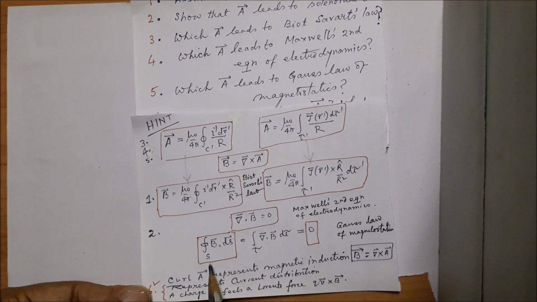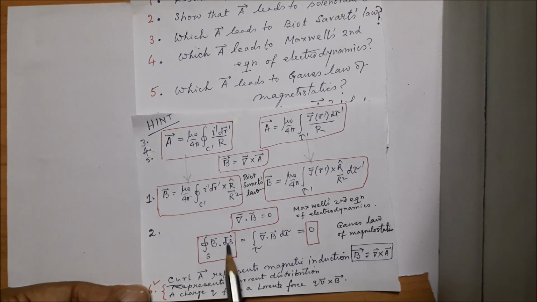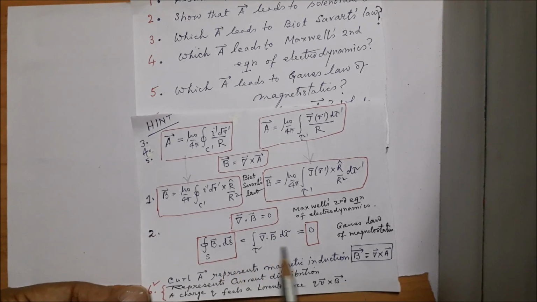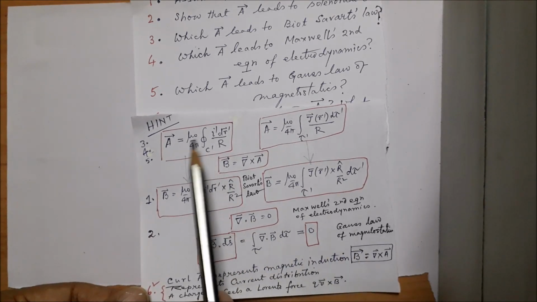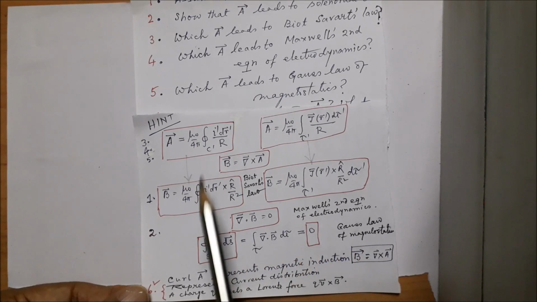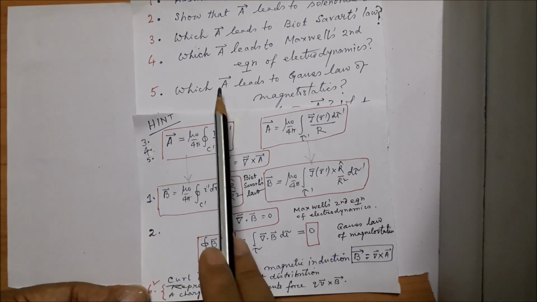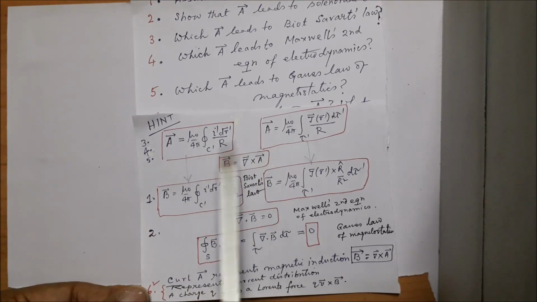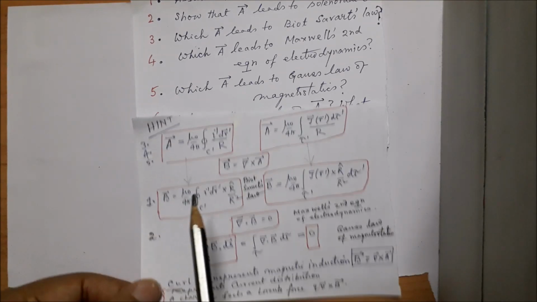Now if we consider the closed surface integral of B, and use Gauss divergence theorem, then we have divergence B getting into the integrand, and this divergence B is 0, so this is 0, and this is Gauss law of magnetostatics. So this A leads to Gauss law of magnetostatics. So again, answer is this one, question 5.